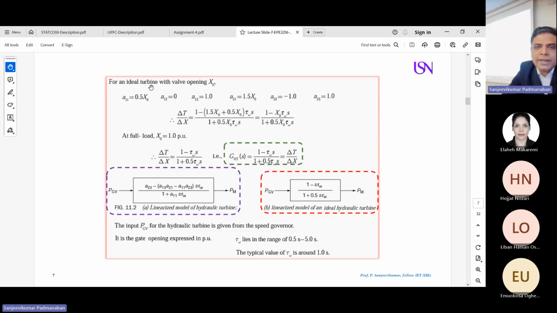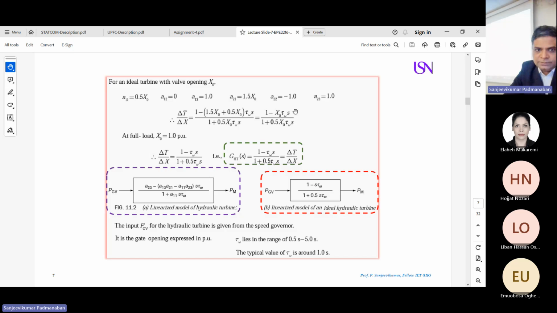So in case of an ideal turbine, you can take the variable A11 as 1.0 into x naught, A12 equal to 0, A13 equal to 1.0, A21 equal to 1.0 into x naught, A22 equal to -1, and A23 equal to 1. So this is the ideal condition. For an ideal turbine, you can directly take these values and apply them in the equation delta T divided by delta X. Then your equation becomes the reduced equation.